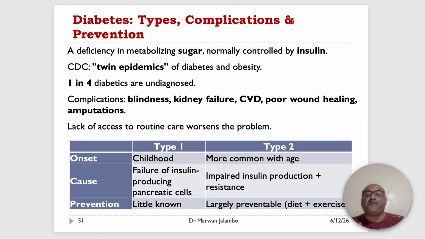But here's the crucial public health point: type 2 is closely tied to obesity and is largely preventable with proper diet and exercise. The CDC even describes diabetes and obesity as the twin epidemics because as obesity rises, diabetes follows right behind it.